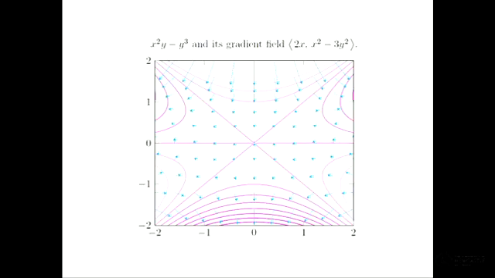Its gradient field is given by the vector 2x. No, that is wrong. This should be 2xy, shouldn't it? There should be a y here. Which is fine, because this is drawn correctly. So the partial derivative of x squared y minus y cubed with respect to x is 2xy. The partial derivative with respect to y is x squared minus 3y squared.